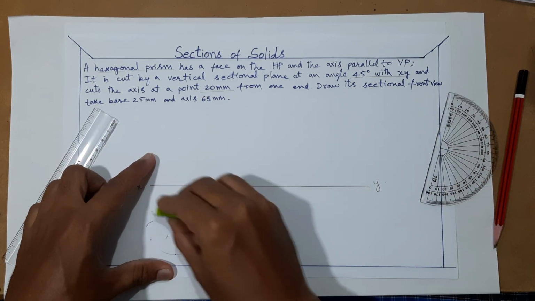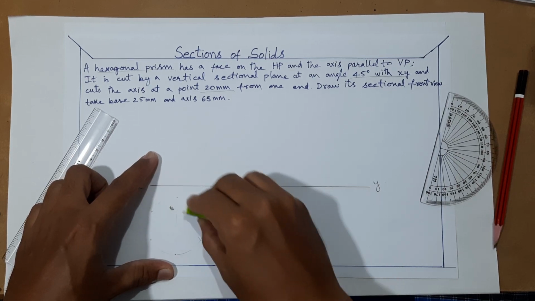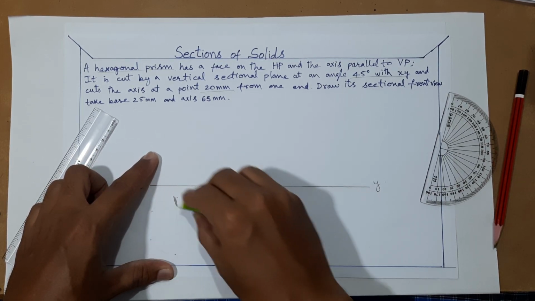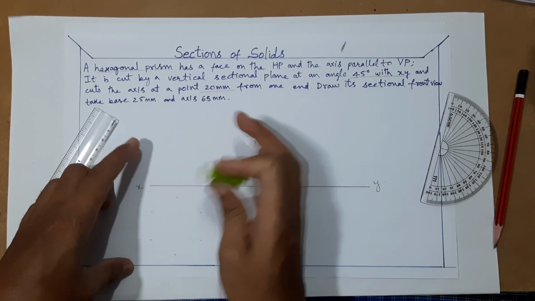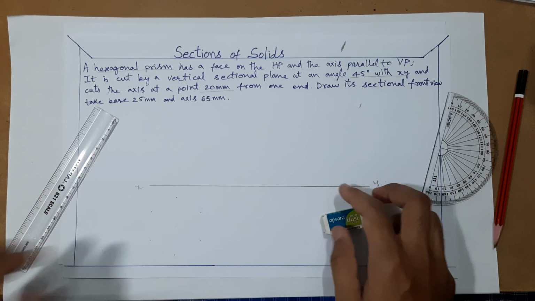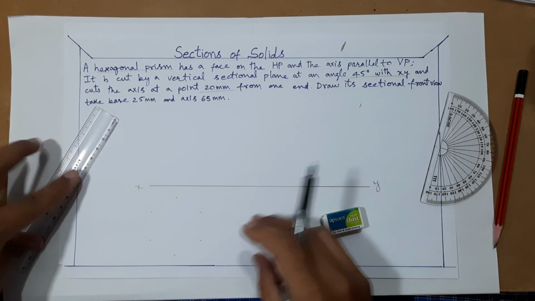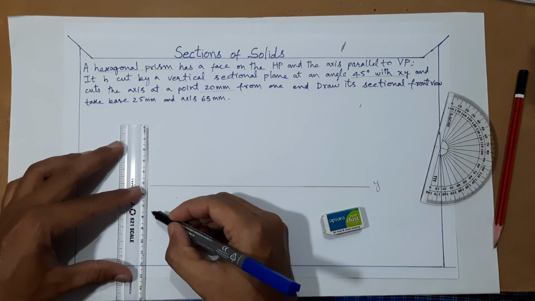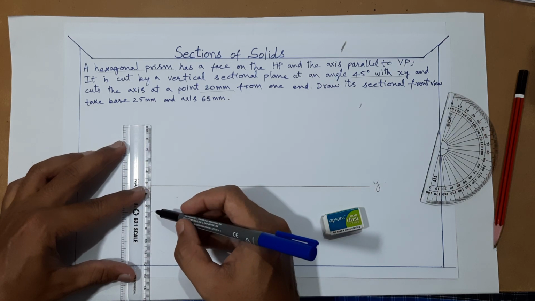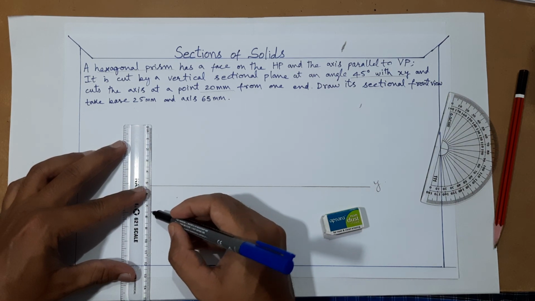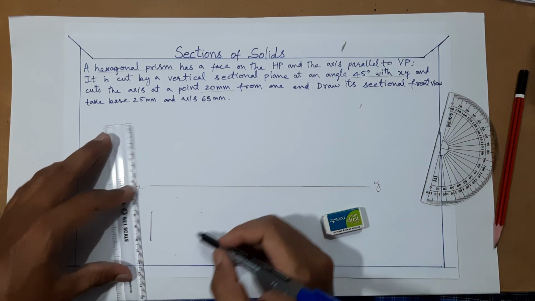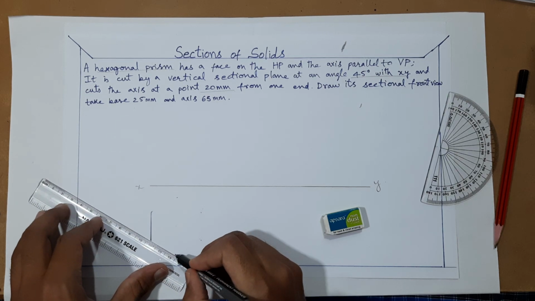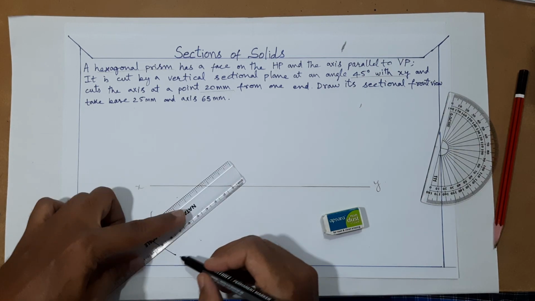Now we will draw the hexagon. Just join all the points which we have taken previously.